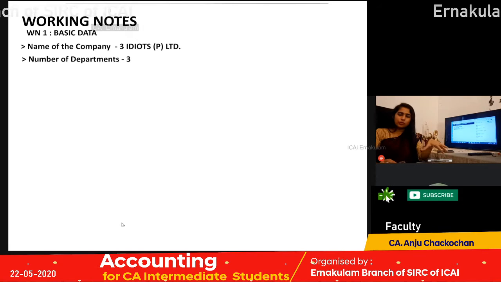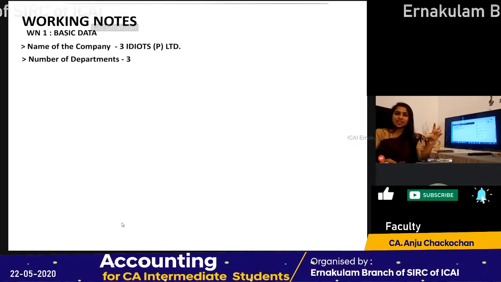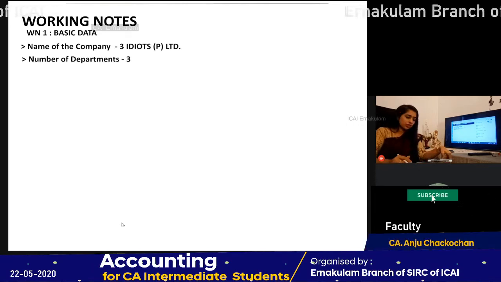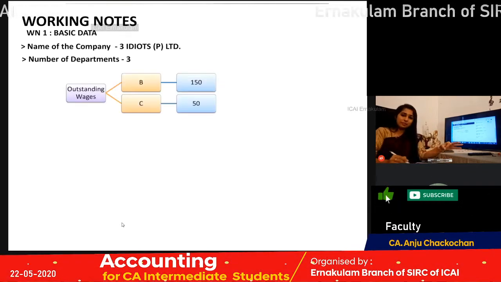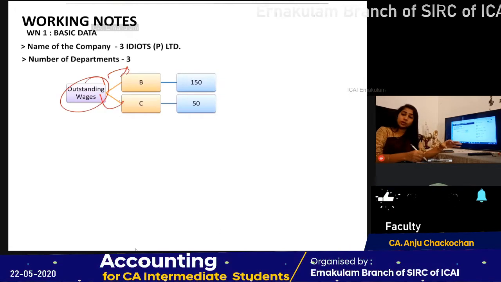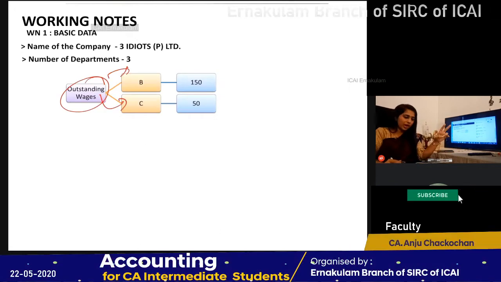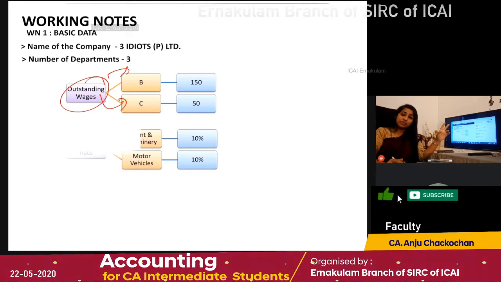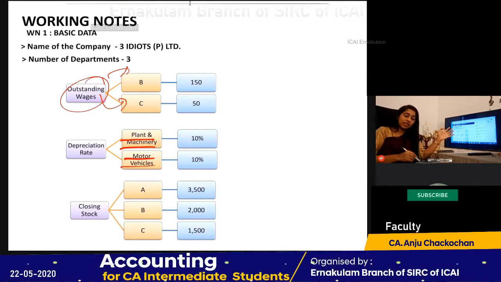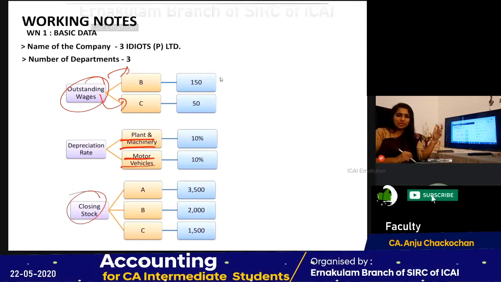We just have to write only those points which are given as paragraphs. We have 3 departments in the picture. We have outstanding wages for 2 departments. Then we have the depreciation rate for plant and machinery and motor vehicles at 10%. And we also have the closing stock for all the 3 departments.